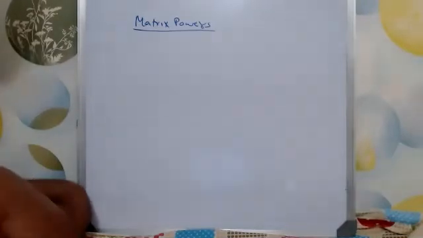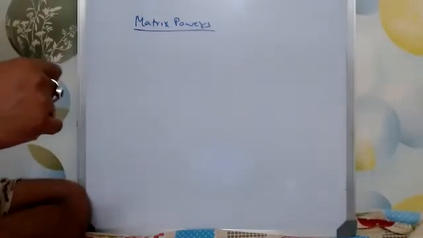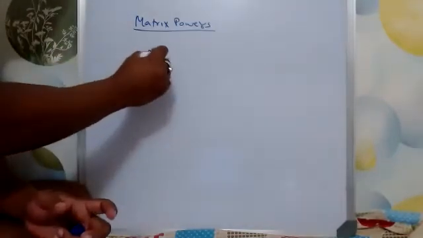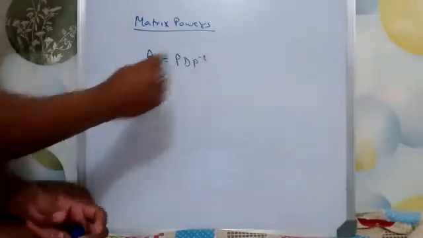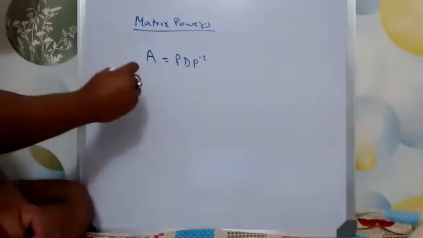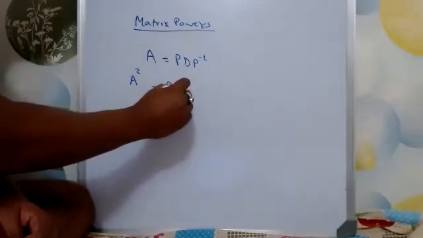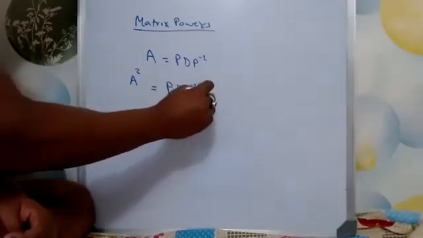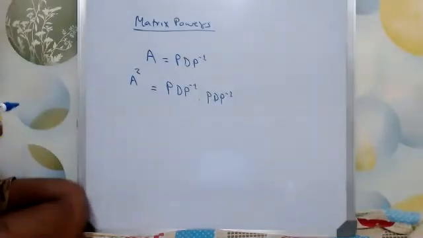Let's assume that the matrix A has all independent eigenvectors. Then I can decompose A as PDP inverse. And then I can write A square is equal to PDP inverse into PDP inverse, right?